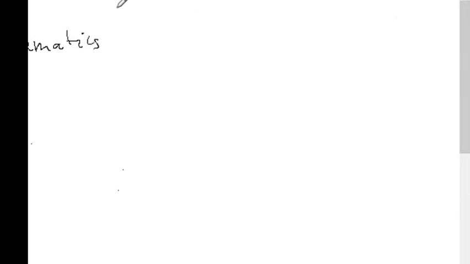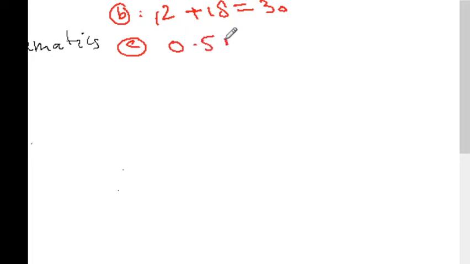Next is part B. In the question they said 12 plus 18 is equal to 30. So 12 plus 18 is equal to 30. That's fine. In part C they say 0.5 is equal to 1/2. The sentence is given in the book, but I'm writing the answers here.